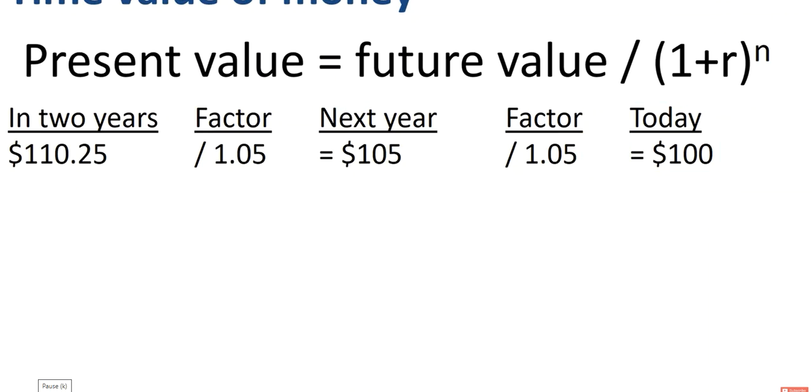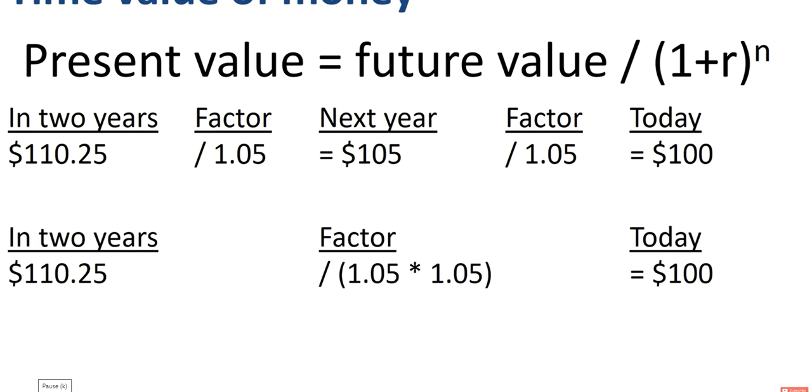Or if you want to go straight from 2 years from now to today, $110.25 divided by 1.05 times 1.05 equals $100 today. 1.05 times 1.05 is the same as 1.05 squared, which is the same as 1.1025.